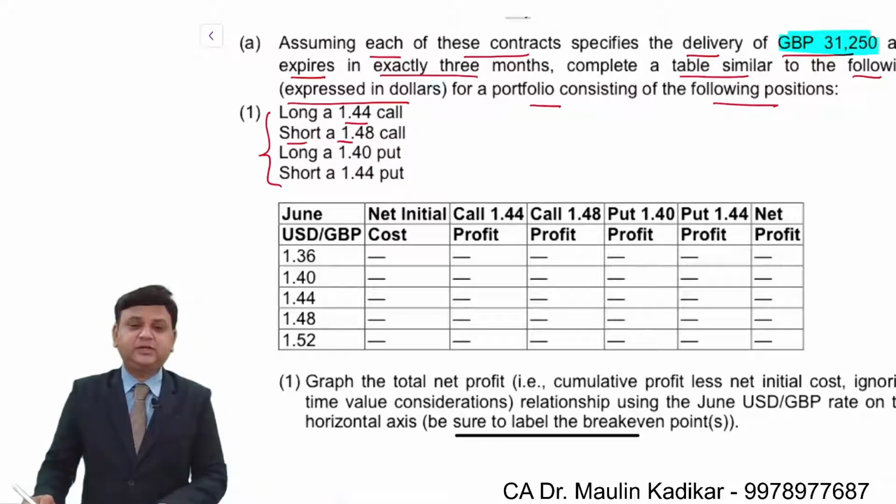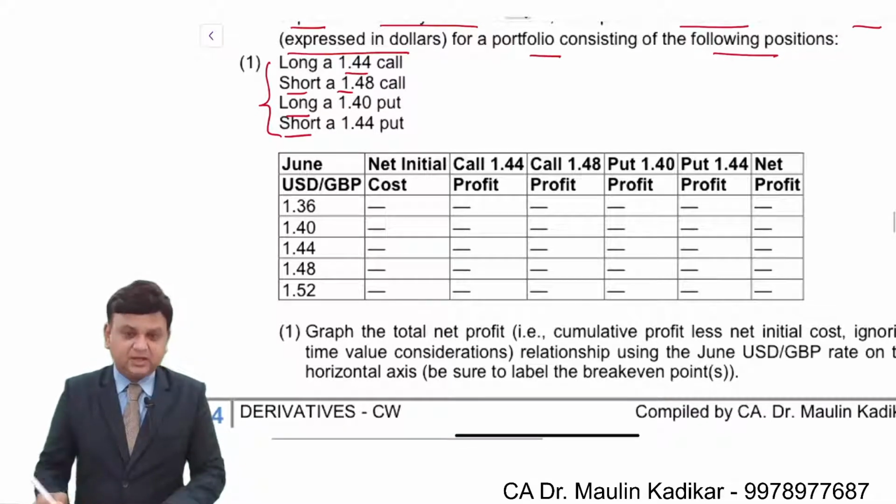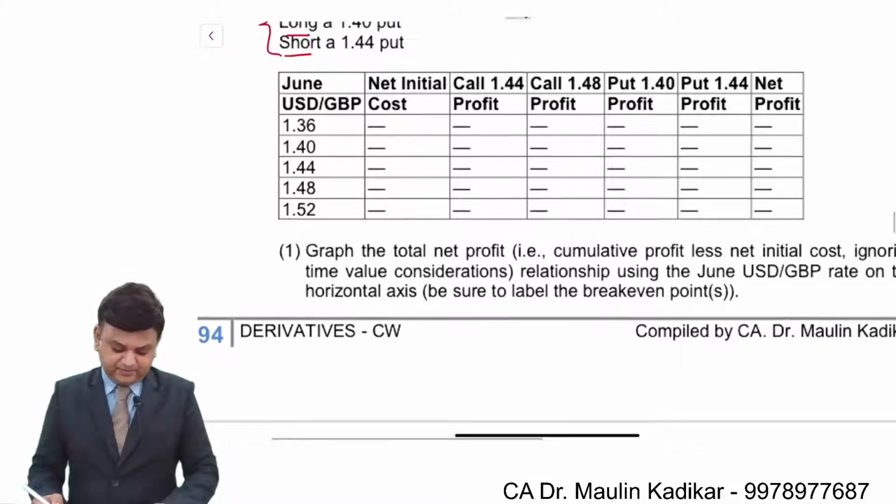Short on 1.48 call means selling of the call option with exercise price of $1.48 per pound. Similarly, the other 2 transactions have been given to us for put options.